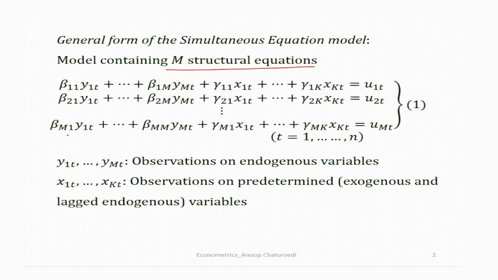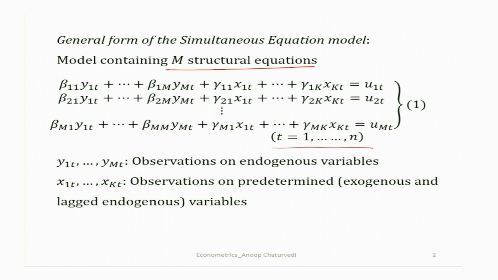The last equation is beta m 1 y 1 t plus ... plus beta m m y m t plus gamma m 1 x 1 t plus ... plus gamma m k x k t equal to u m t, and t takes values from 1 to n. So, in all you have n observations.